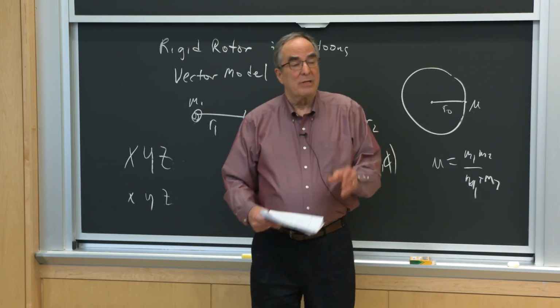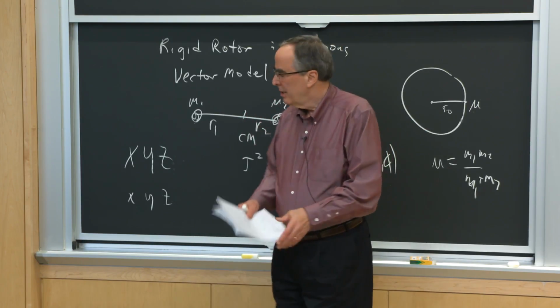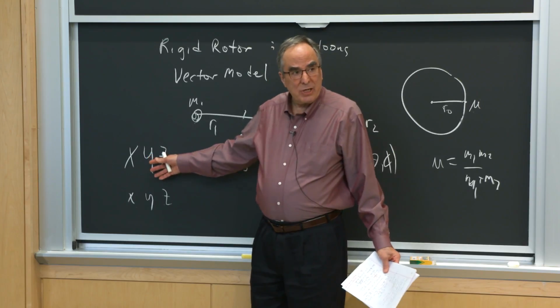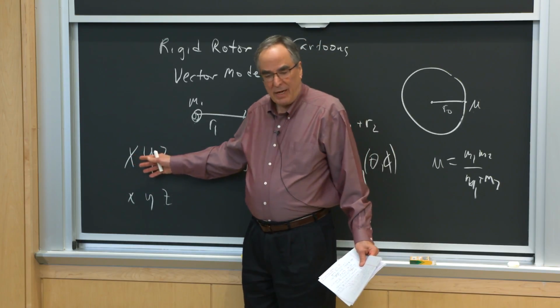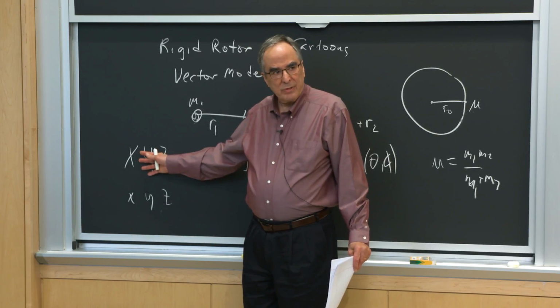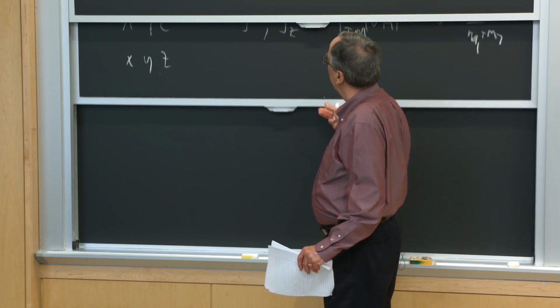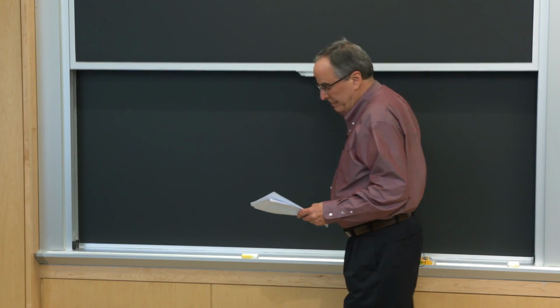And actually, the solutions of the rigid rotor Hamiltonian give you the relationship of the body coordinates to the laboratory coordinates. And that's kind of important. So we'll see how this develops as I go on.